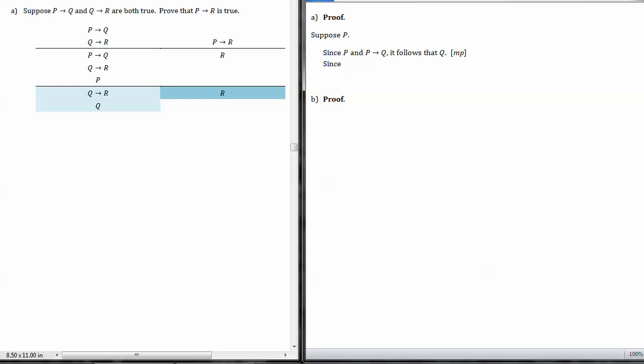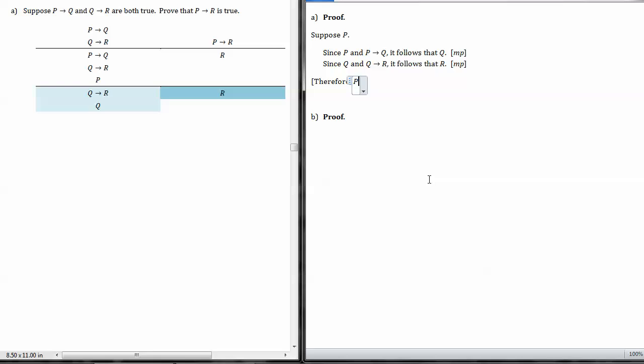And then in the next step, we had Q and Q implies R, and from that it follows that R is true, also by modus ponens. Okay, and that's the proof, but let's have a little summary statement here.